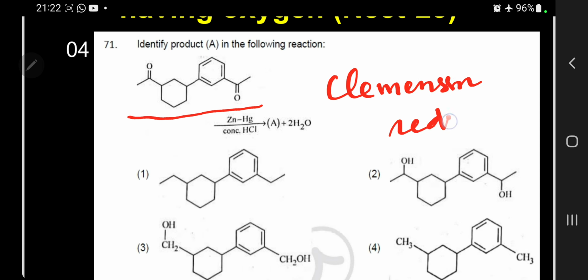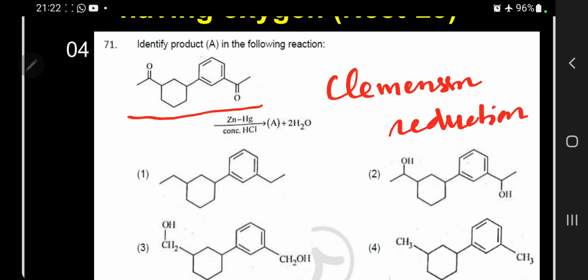So this is under the aldehydes and ketones. Normally, specifically ketones, when you treat with a specific reagent, zinc amalgam and concentrated HCl, will be converted into the corresponding alkane. Corresponding alkane. That is the criteria.